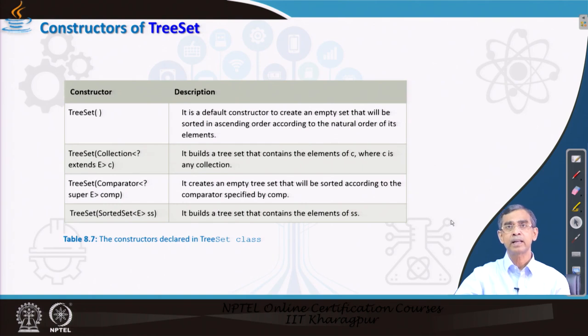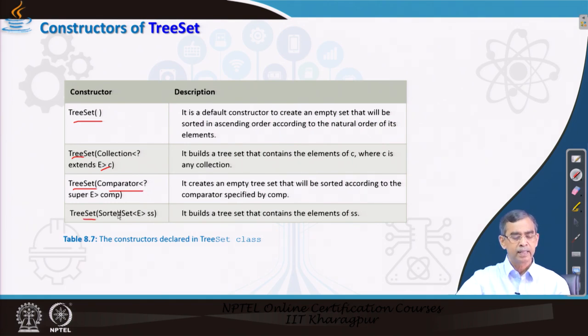If you want to create a collection following the tree set form, these are the constructors. This is the default constructor, and this is the constructor where you create a tree set collection using an existing collection of any type. Because a tree set needs to be stored in a sorted fashion, one comparator needs to be defined and given as an input, the comparator by which you want to store the elements in the tree set collection.